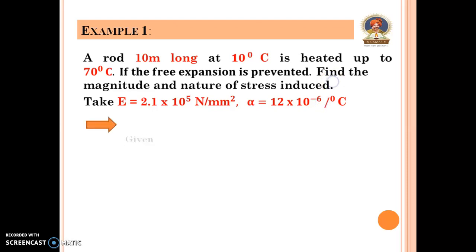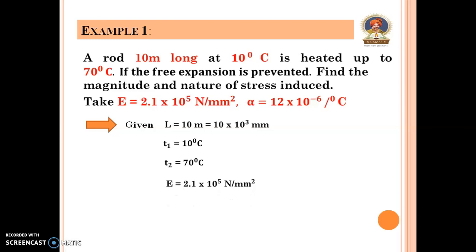So, given in that numerical, L is 10 meter, which is converted into mm: 10 into 10 raised to 3 mm. Initial temperature T1 is equal to 10 degrees Celsius, and final temperature T2 is 70 degrees Celsius.